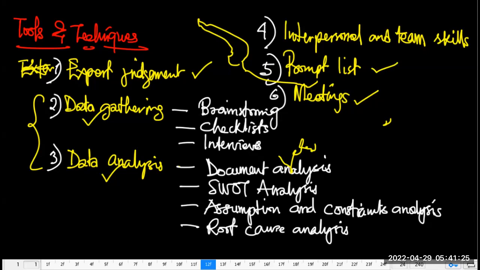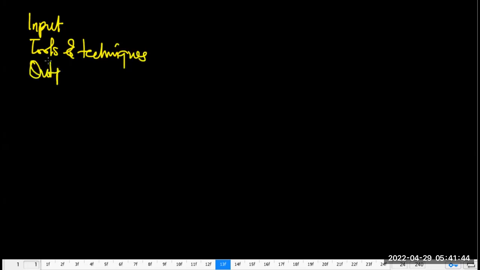Then let's move on to the third. Remember, for each of them, we're supposed to have inputs, tools and techniques, and outputs. Now we're looking at outputs.